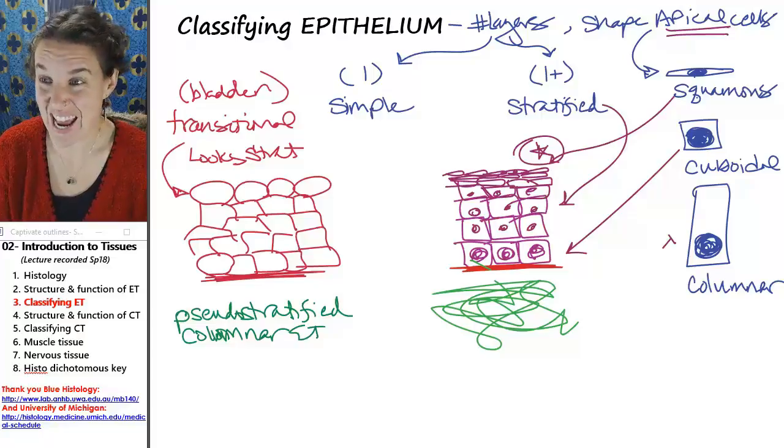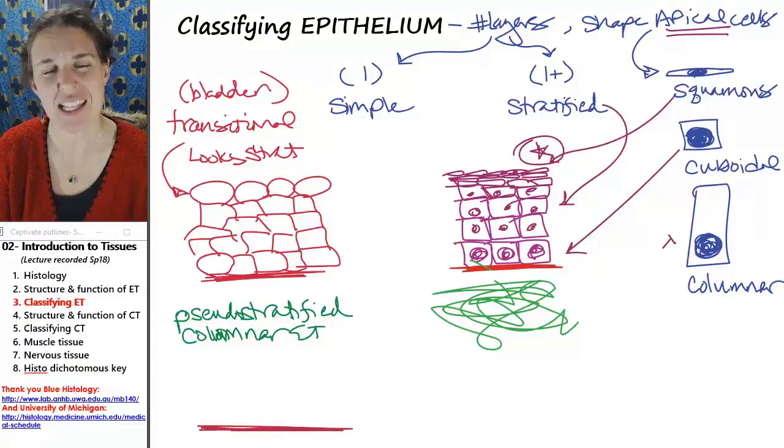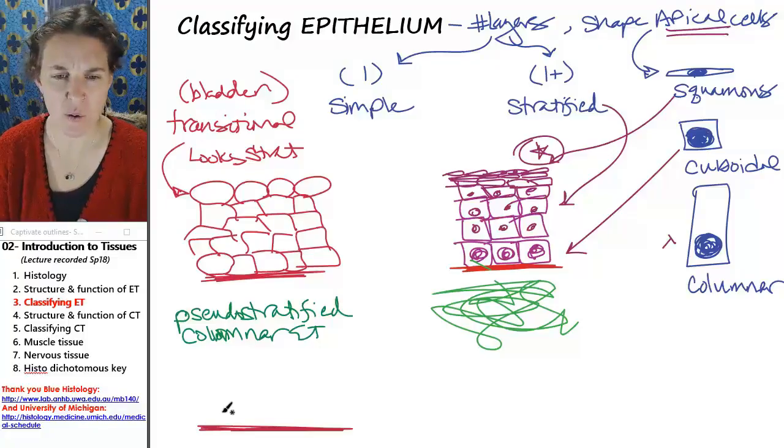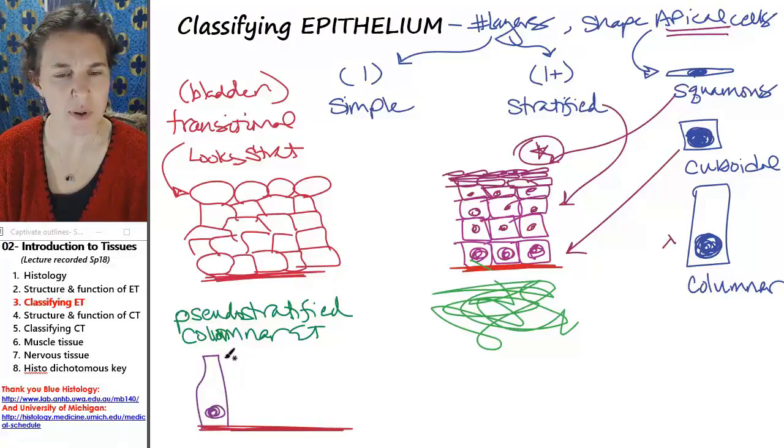And it has a basement membrane, just like you would expect. It's columnar, so sure thing. It's got a basement membrane, and it actually does have an essentially columnar shape.